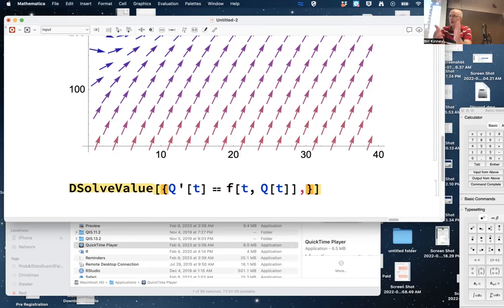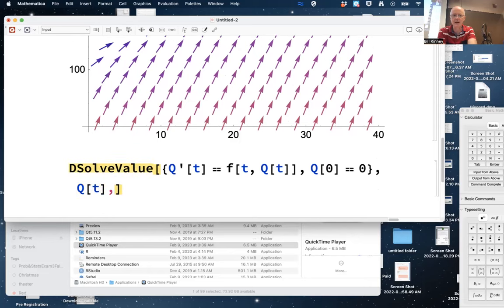For the slope field, we don't want a q of t in there. That, in a sense, is the best reason for separating the right-hand side of the differential equation, so that when you make the slope field, it's done correctly. But with the differential equation, you need to emphasize to Mathematica that q depends on t, so I do that. Outside the curly braces, put the function you're trying to solve for, and then a comma, and then the independent variable.